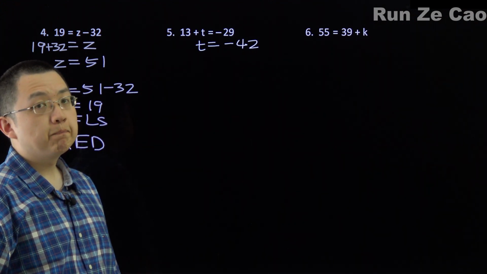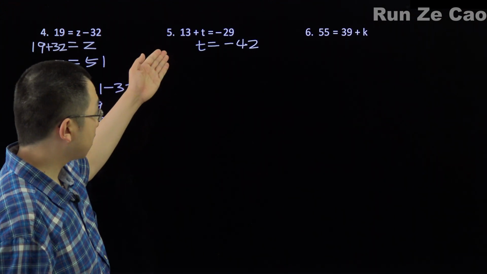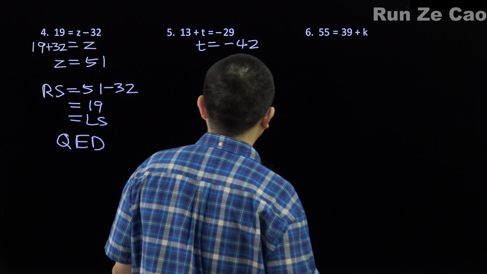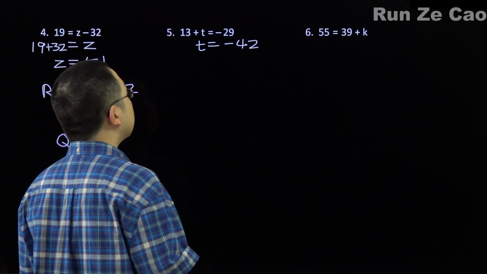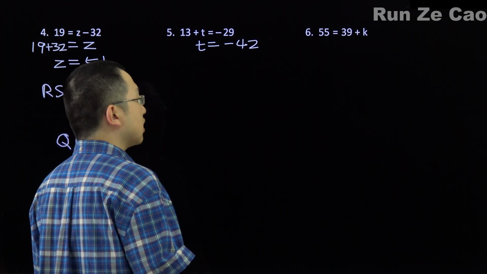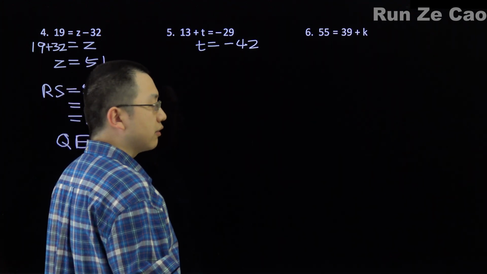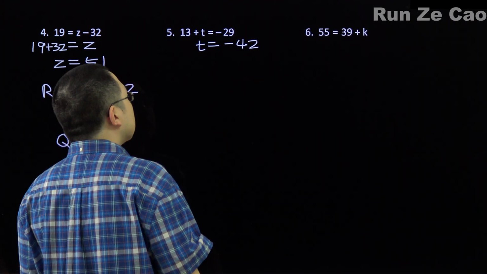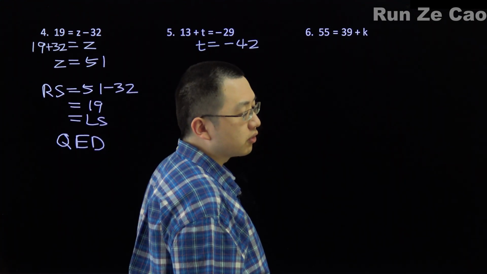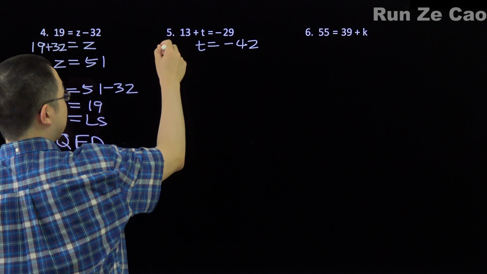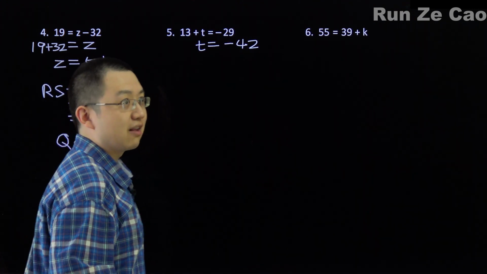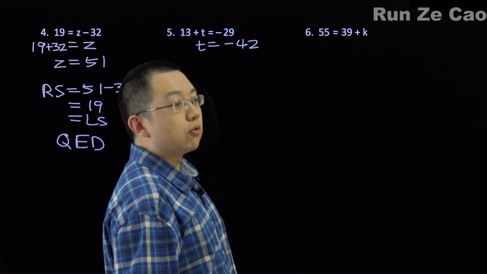Yeah, this is kind of what you would expect after the first couple of times that you showed your teacher, yes, you know what you're doing. Can you please stop demanding all of these written out steps? Of course, negative 29 minus 13 is actually still a pretty reasonable step compared to 13 plus t minus 13 equals negative 29 minus 13.